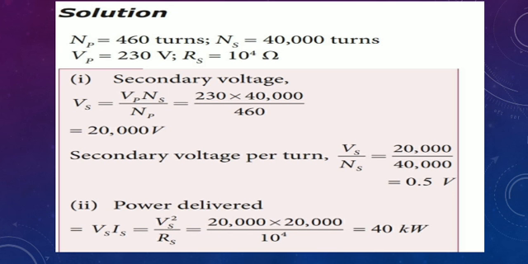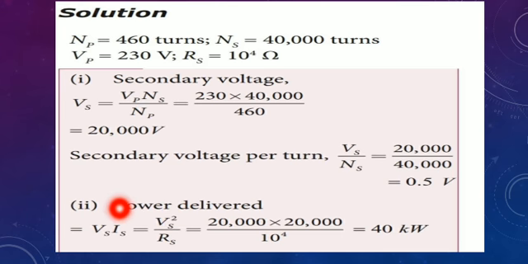What is the power? V into I, because we have to find it in the secondary coil, therefore Vs into Is. Okay, right, and Vs we have. If I take I is equal to V by R, according to Ohm's law, then Is is equal to Vs by Rs.